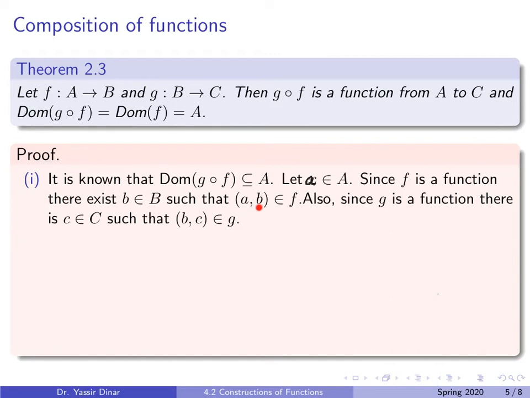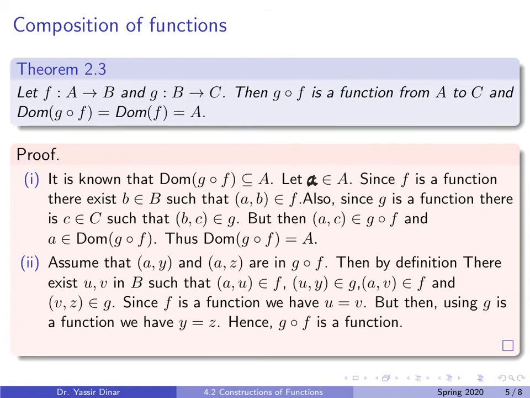But b is now in the set B, so since g is a function, we can find also c in the codomain of g, such that the pair (b, c) is in the relation g.